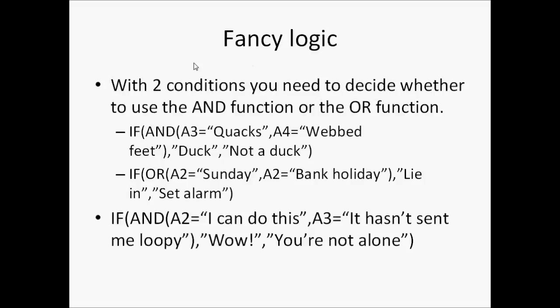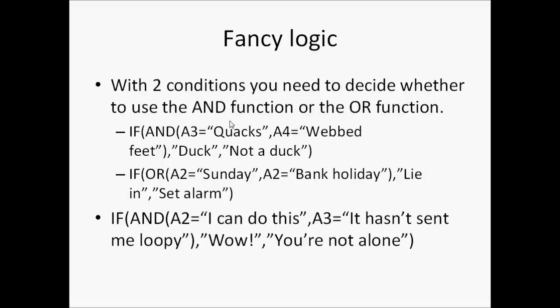If you want to get more advanced logic, you're going to use functions like and, and functions like or. So I'll just explain what happens here. Again, it's nested. The first bit of the if that we're testing for, this time we want to test for two things.